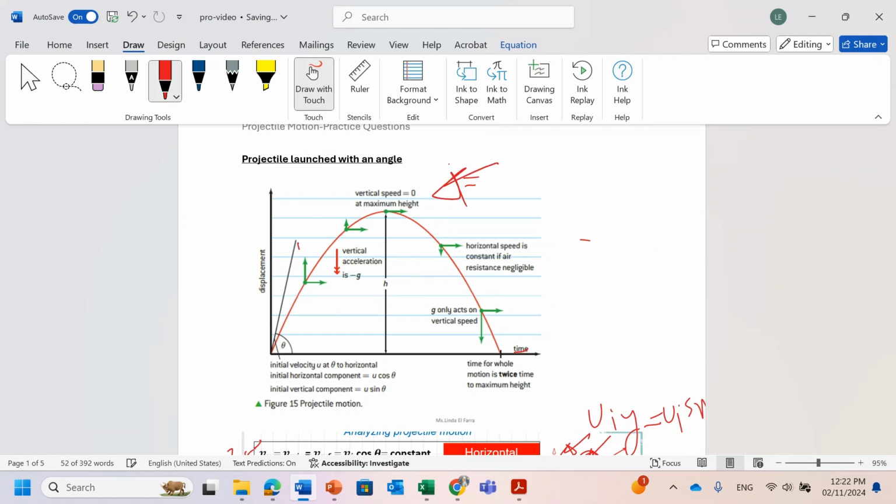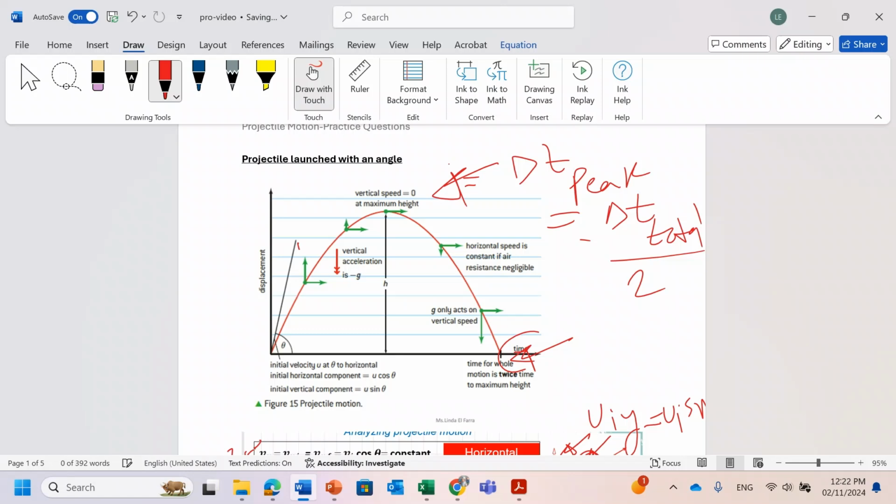Here, delta t at the peak, or maximum, is half of the total time when it lands. Total time means the time when it lands. When it lands, we don't have displacement, so delta y will be 0. And at delta y maximum, the vertical speed is 0.